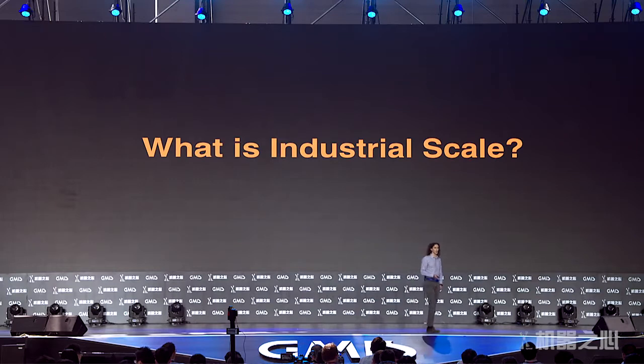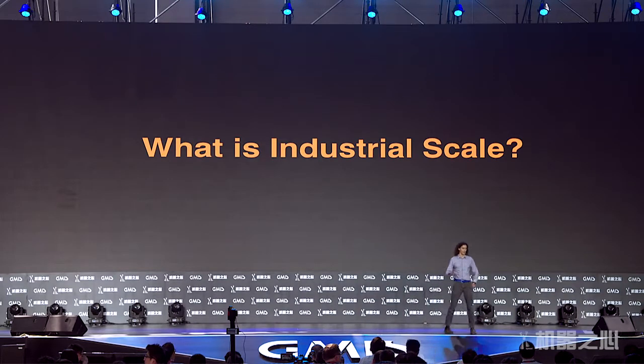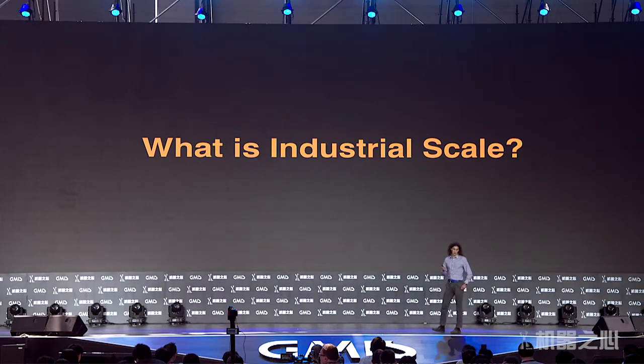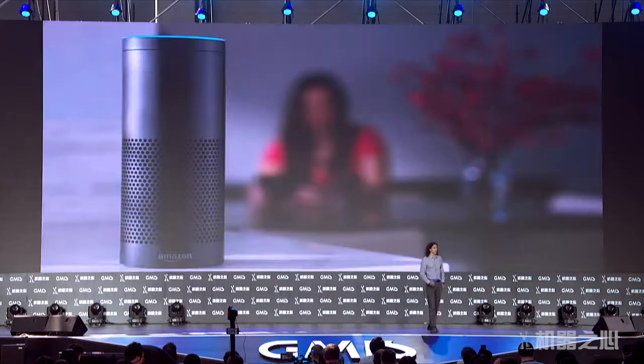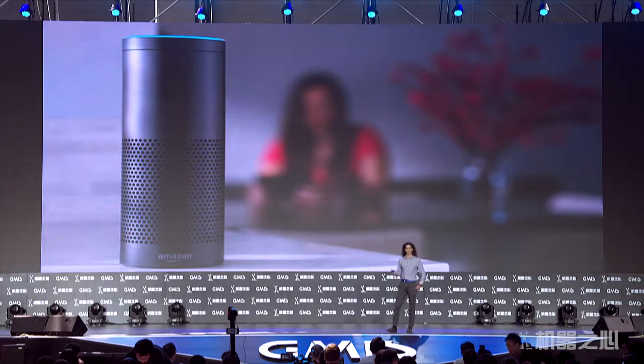So what do I mean when I say industrial scale deep learning? It's not trains and mines and some of the other things that we've been hearing about. What I mean here, although it could be, is advanced artificial intelligence applications that are deployed to millions of customers through industrial products, like the speech recognition and natural language understanding in the Amazon Echo and Alexa family of products.